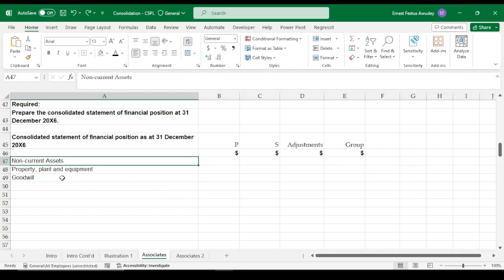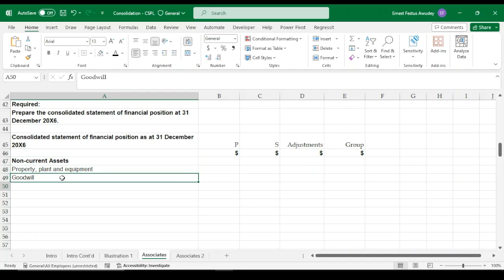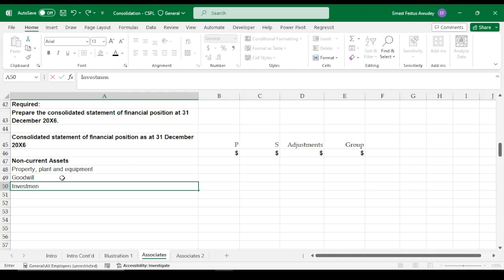So what I'm saying is that the investment in associate figure will be presented in the consolidated statement of financial position under the non-current assets. So after we have our non-current assets and goodwill or any other investment, you will have a separate line item called investment in associates. All right.